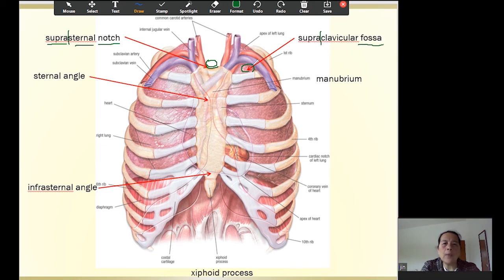If you go to that area, you can find a little dip there. A little difference: the notch, we're talking about the bone here. The fossa, we have some dip here. So that's the superior clavicular fossa.